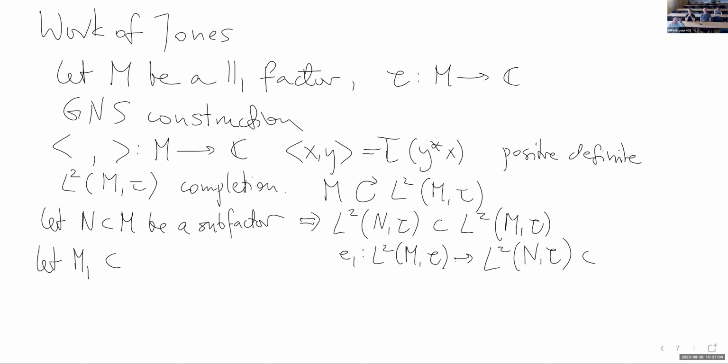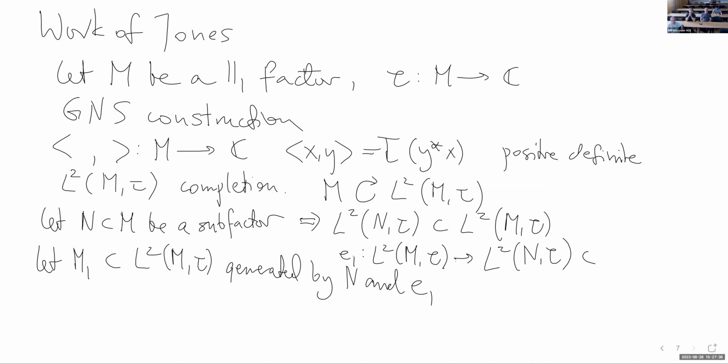So let's now define M1. M1 is going to be generated by M and by N and E1. So where is M1? It will be in L2 of M, generated by N and E1, which act.